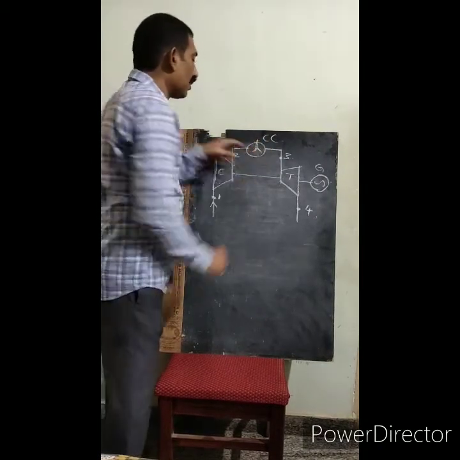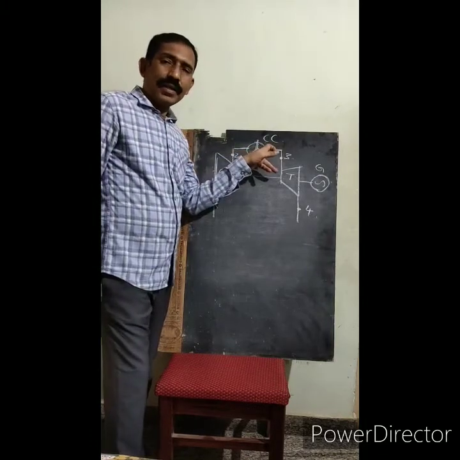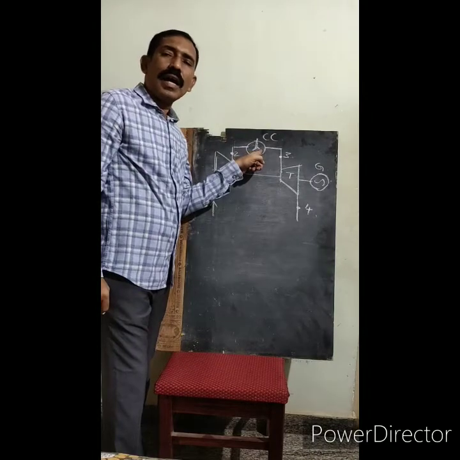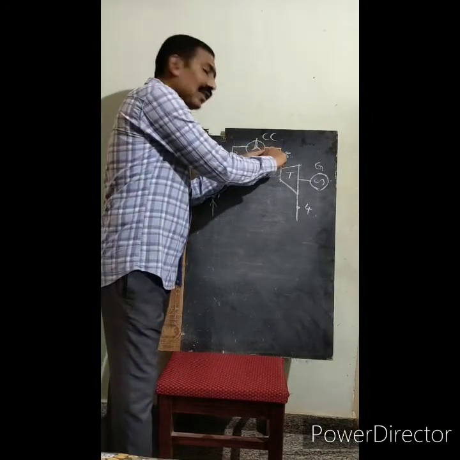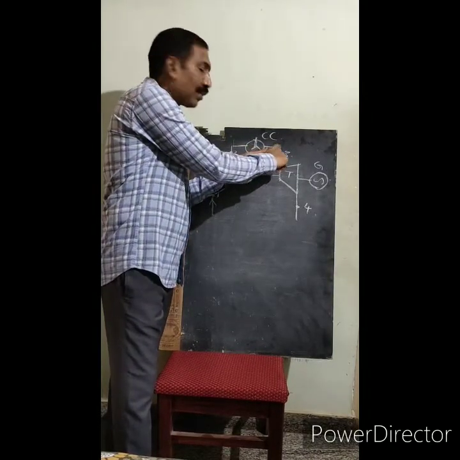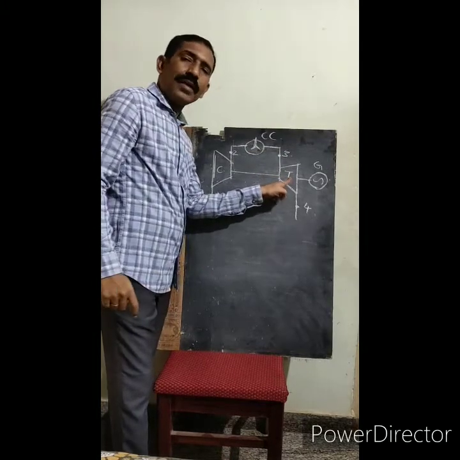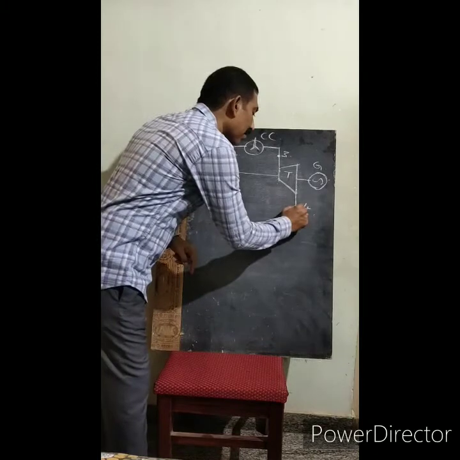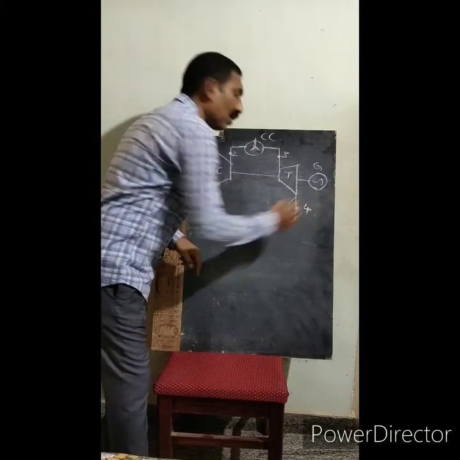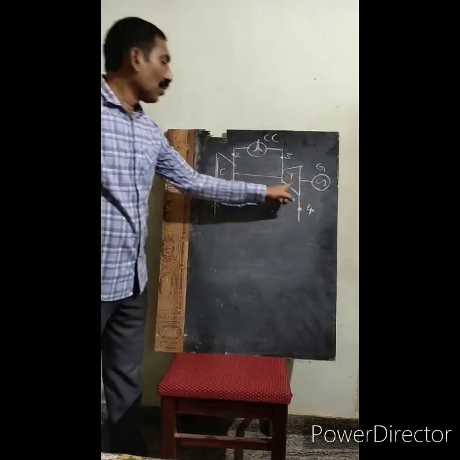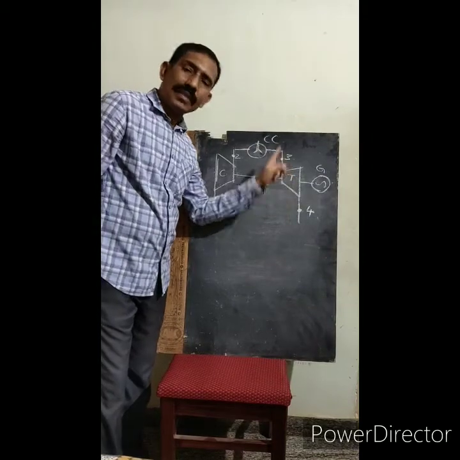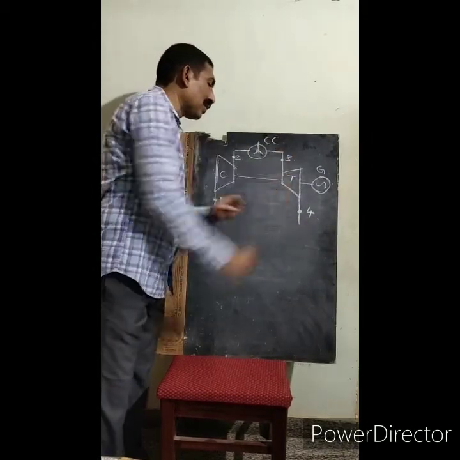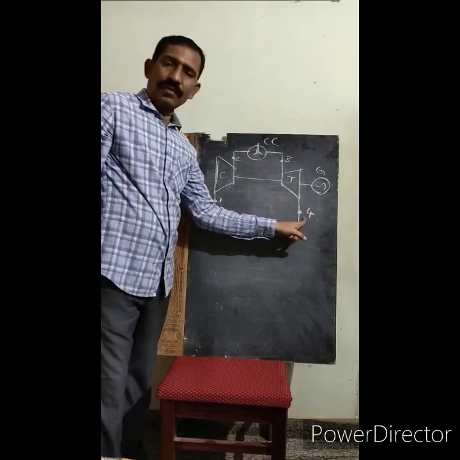After combustion, the gases are liberated. These gases will be at high pressure and high temperature. They go to the turbine, where they get expanded to the atmospheric pressure, that is P4, so that the pressure decreases from P3 to P4 and the temperature decreases from T3 to T4.